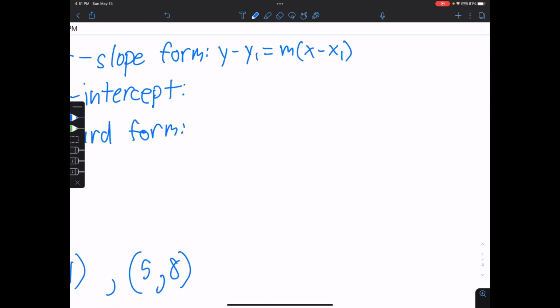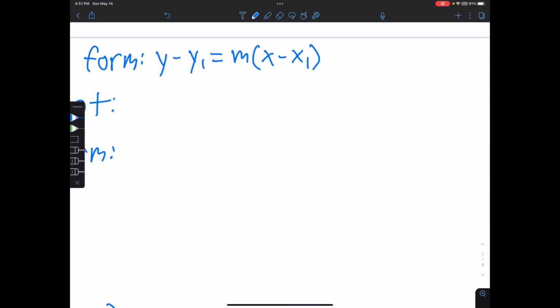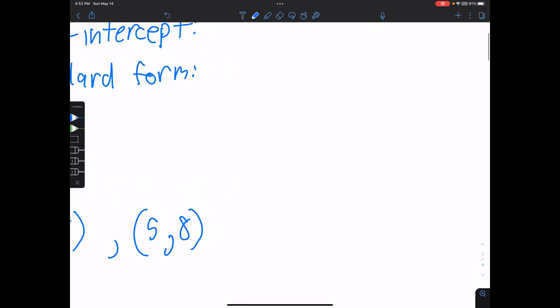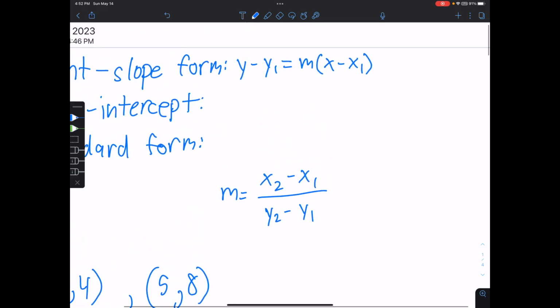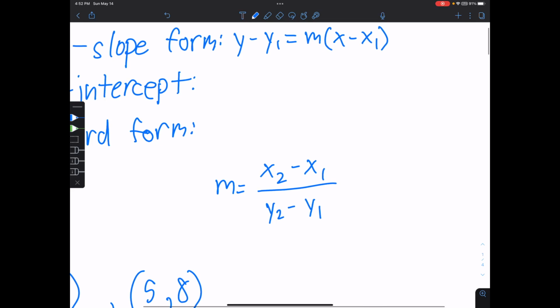And as Mr. Takeuchi said, if you look at the slope formula, normally it's written like this: x2 minus x1 times y2 minus y1. The thing is, we don't know what y and x are as we want the equation.